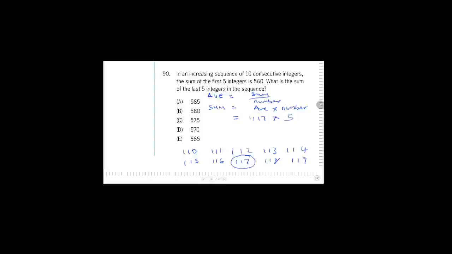Do you know how we got 5? 1, 2, 3, 4, 5. These 5 numbers. So 117 times 5 is 585. Can we now proceed? Yes, please.